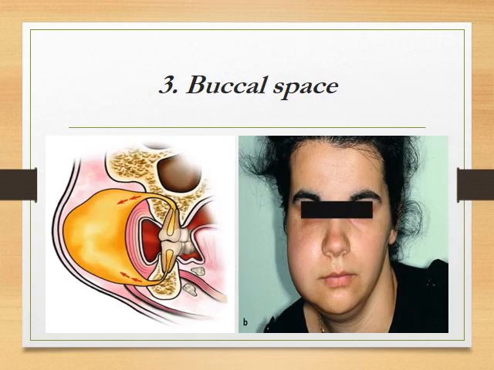Buccal space infection. As I mentioned before, the buccal space can be involved either from maxillary teeth or mandibular teeth.